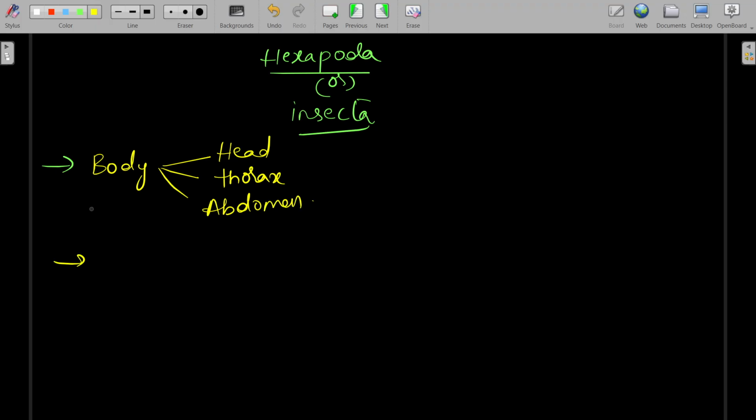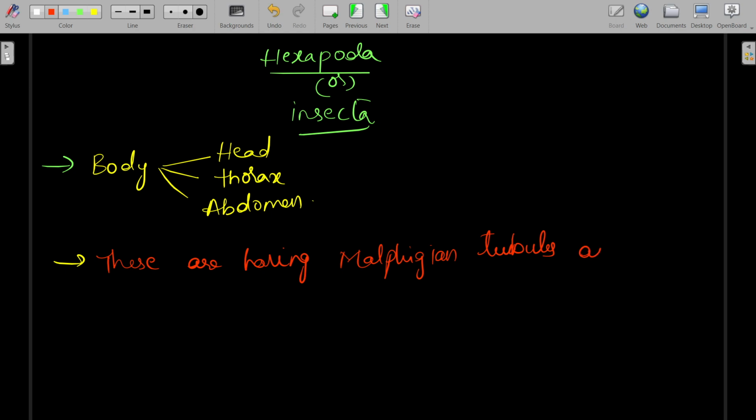And these have Malpighian tubules as excretory organs.